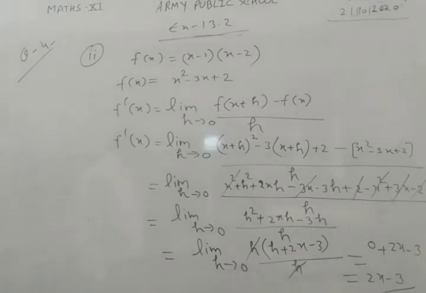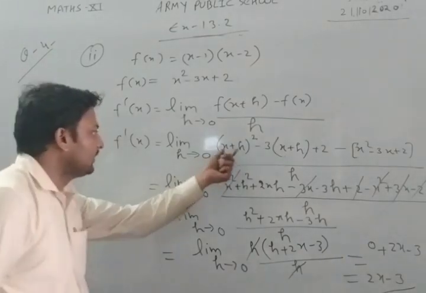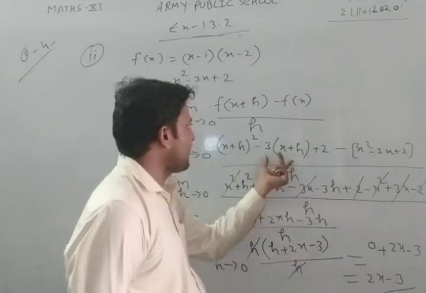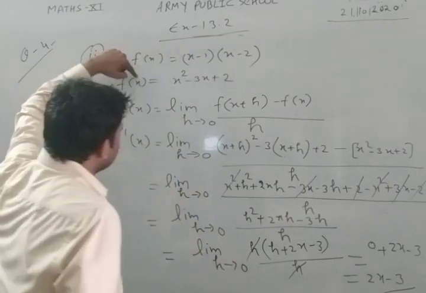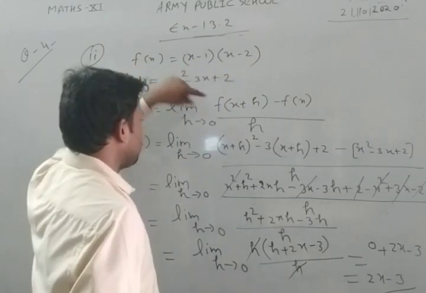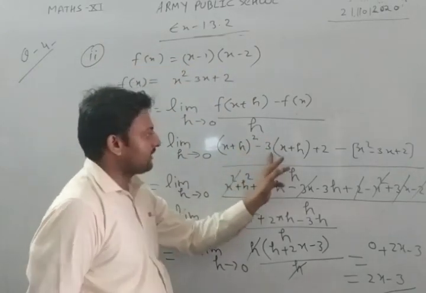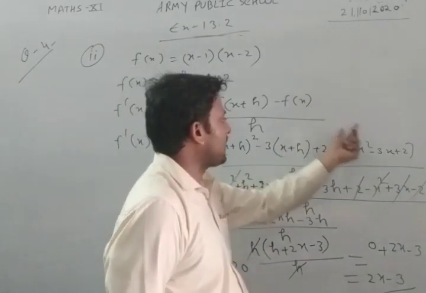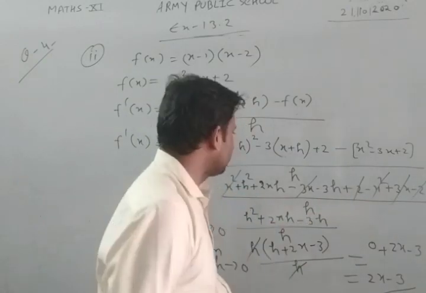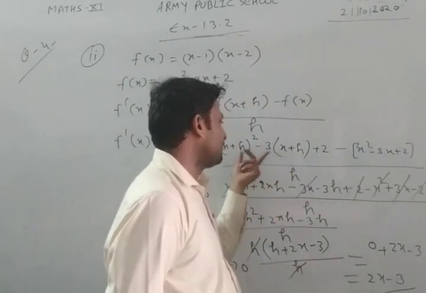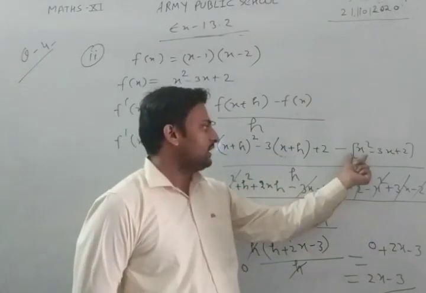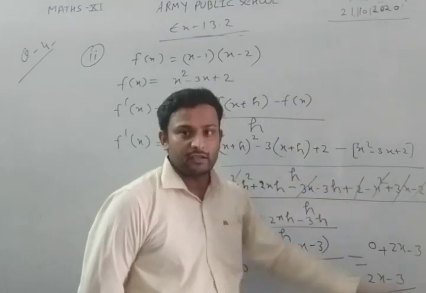Okay, now what we have done, we have taken here x plus h square minus 3 x plus h plus 2. Why? Because our function is this. If here is x, here is x square. So if here is x plus h square, so here will be also x plus h whole square minus 3 x plus h plus 2, and this is our fx. Now x square will be cancelled with x square after multiplication, and when we open this, this minus sign will change all the signs inside the bracket.